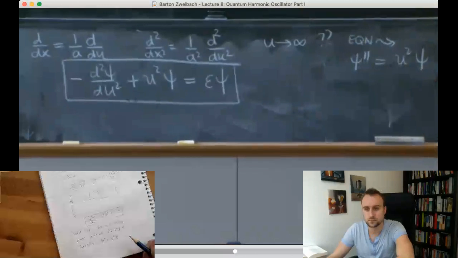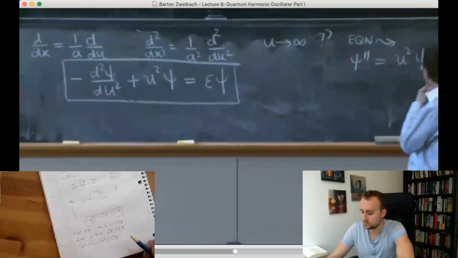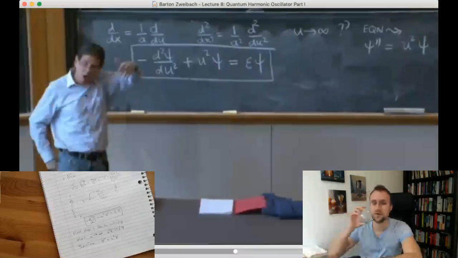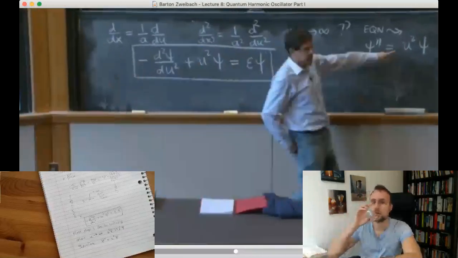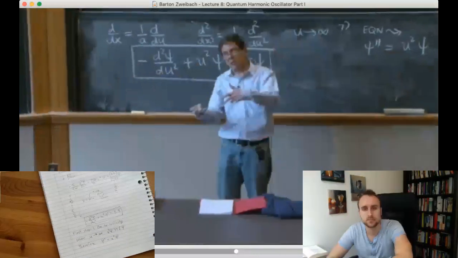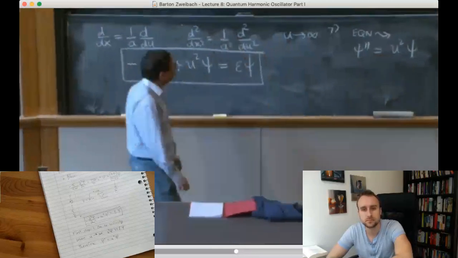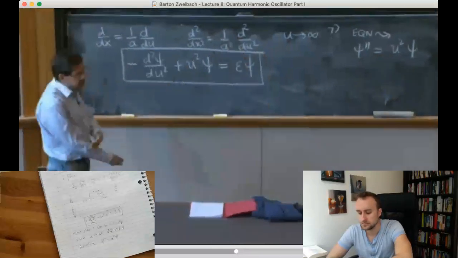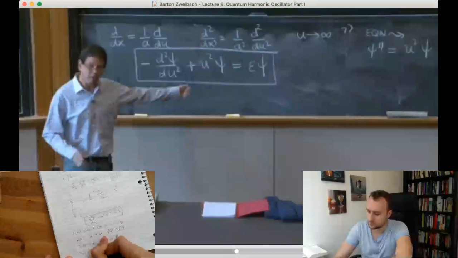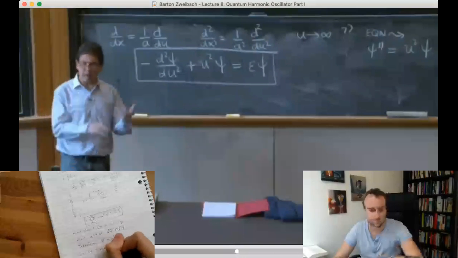Okay, so how do we get an idea of what solves this? It's not all that obvious. It's certainly not a power of u, because when you differentiate a power of u, you lower the degree rather than increase it. So it cannot be a polynomial; it cannot be equal to u squared times a polynomial. It's sort of upside down.